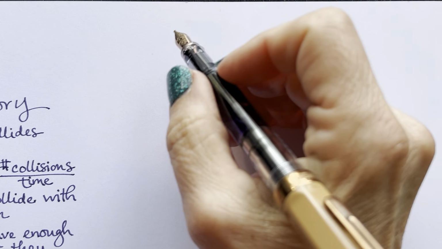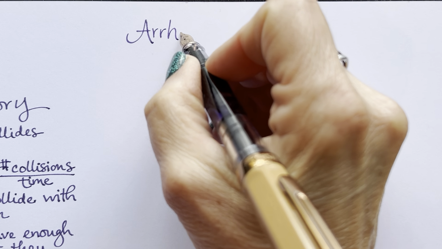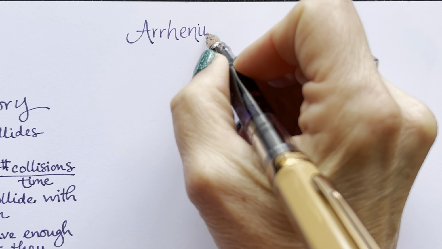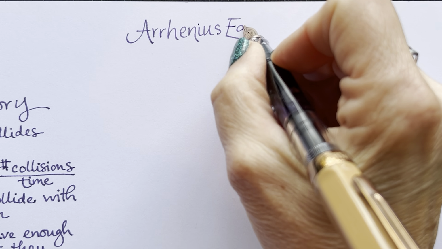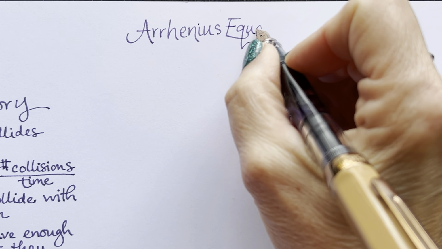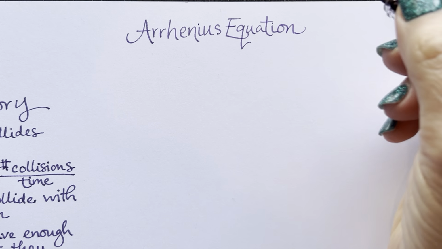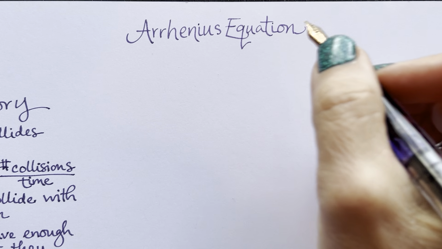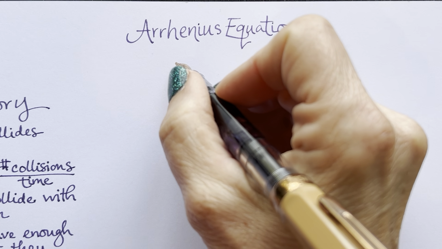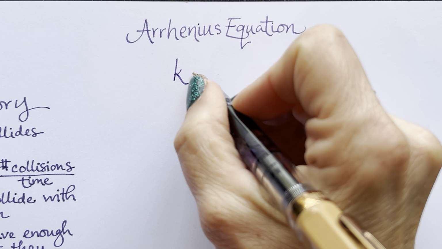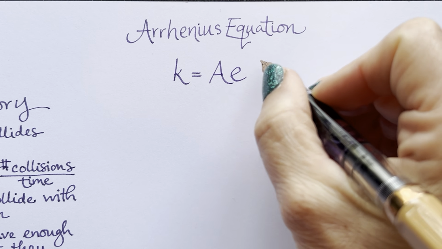So our Arrhenius equation, it's not as important that you know the name of the equation as you do when you have the equation, you know what it means and how to use it. Okay, so here we go with all the pieces of the Arrhenius equation.